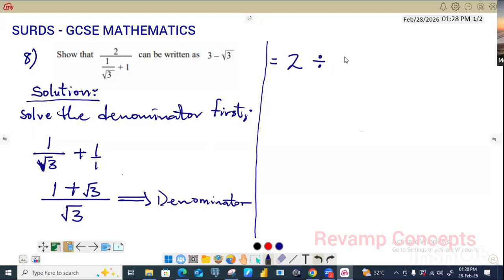So we can say 2 divided by 1 plus root 3 over root 3. I think this is the best way of expressing this.